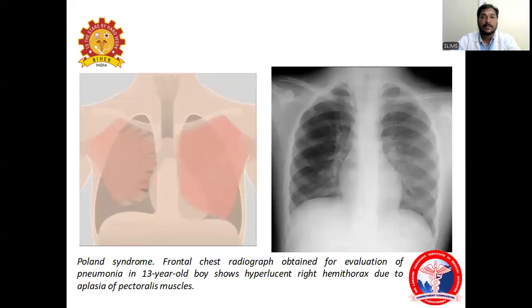This is a schematic image as well as the chest radiograph of a patient with absent right-sided pectoralis muscle, which shows increased translucency on the right side of the lung parenchyma compared to the left side. The pulmonary vascular markings appear intact, but because of the chest wall abnormality, this lung appears more hyperlucent compared to the contralateral left hemithorax.